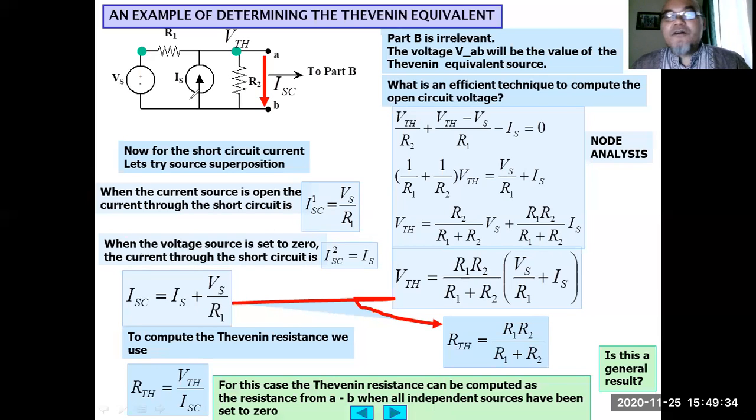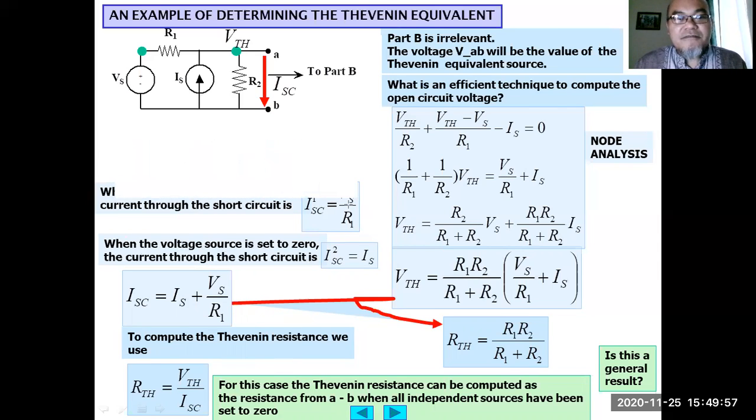So if we redraw the circuit when all the sources are set to 0, how will it become? Let's close this one first so that we have more space. This source is made 0, so it is short circuited. This is R1. This source IS is made 0, it means it is open circuit.